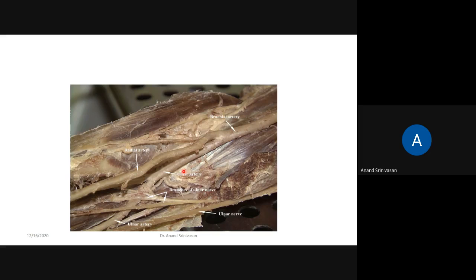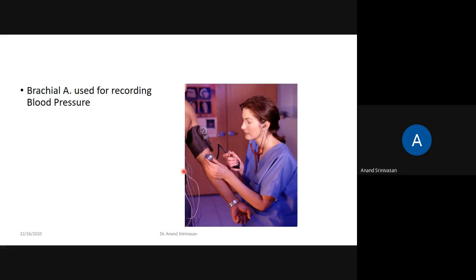So you look for the biceps tendon in the cubital fossa and medial to it. You can feel the brachial artery pulsations in this region. So you need to keep the stethoscope exactly at this point to make your recordings accurate.